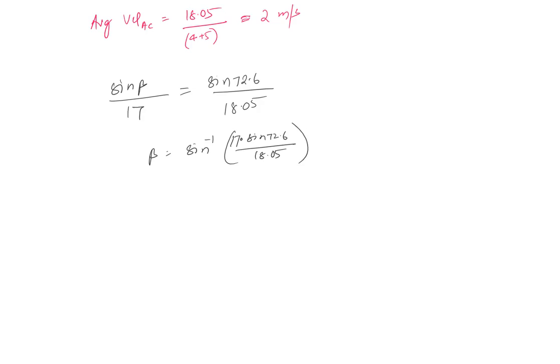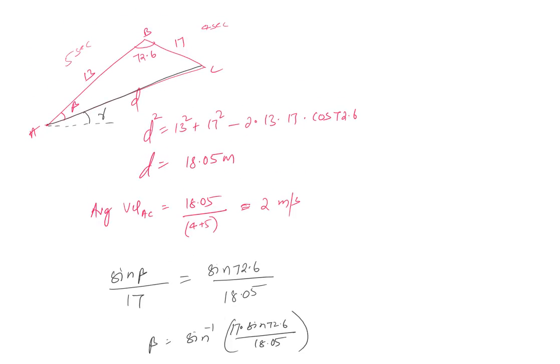All right, let me do that. So sine inverse of 17 times sine 72.6 divided by 18.05. Okay, so I'm getting beta as 63.99. I'll call it 64 degrees. So beta is 64 degrees.